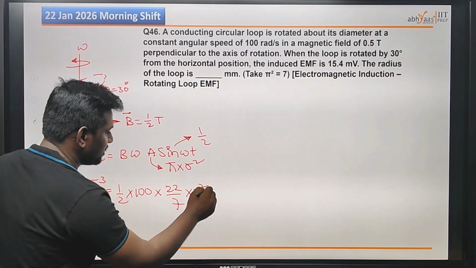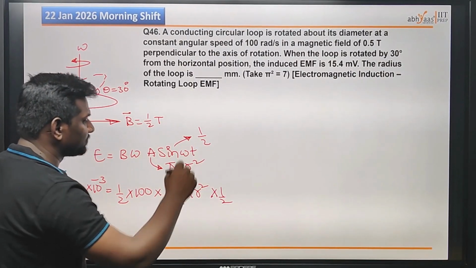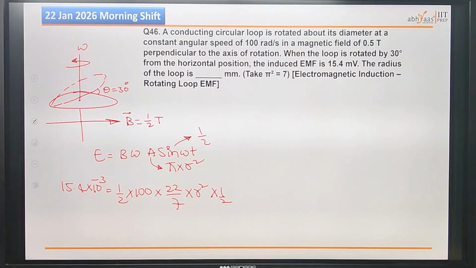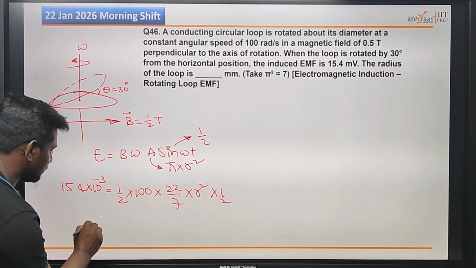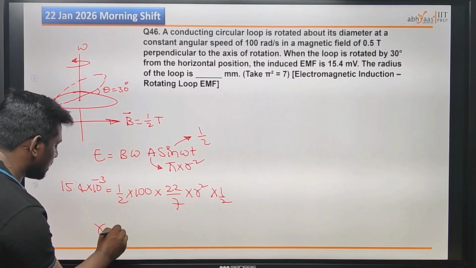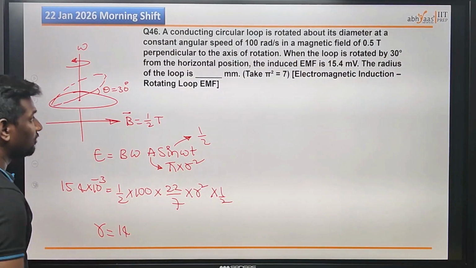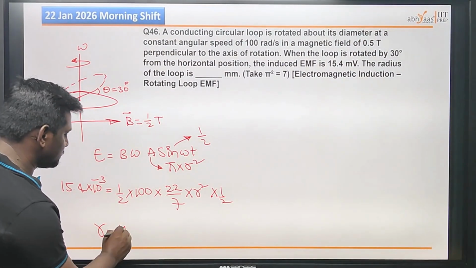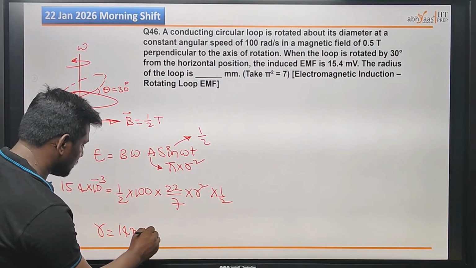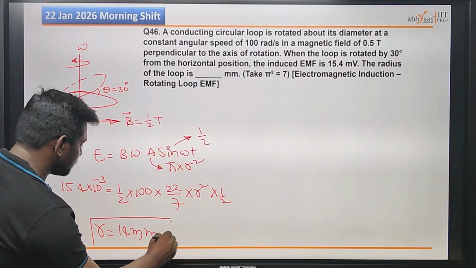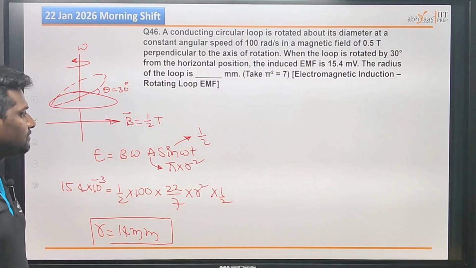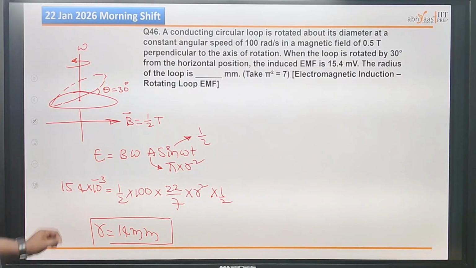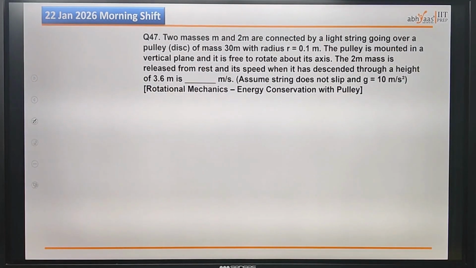You have to find r, into 1/2 into 1/2. So you have to find the r value. If you solve this equation, you will get 14 millimeter. So see that next question.